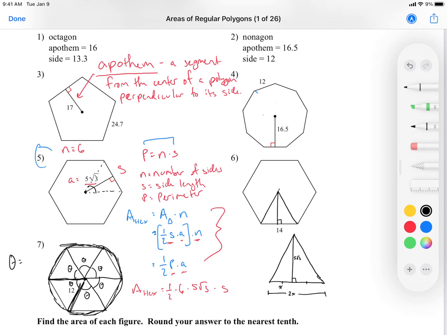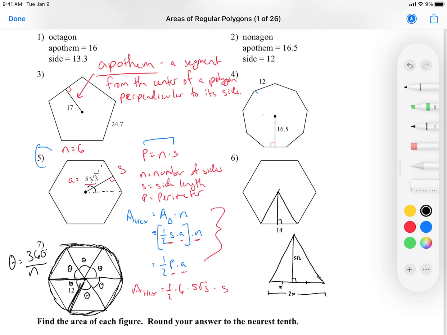Since we know that all of these pieces are equal, in order to get this central angle, all I have to do is take 360, because they all have to add up to 360, and divide it by the number of sides. In this case, it's 6.